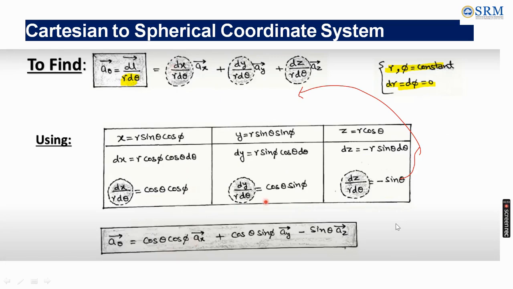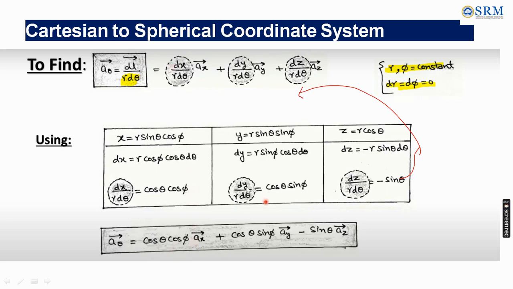Now let us see the second unit vector, that is a theta. For that, the differential length has to be differentiated with respect to r d theta, since it is the differential element. If I differentiate x with respect to r d theta, r and r get cancelled. I have to differentiate with respect to theta only. The differentiation of sine theta is cos theta, and this cos phi remains the same.